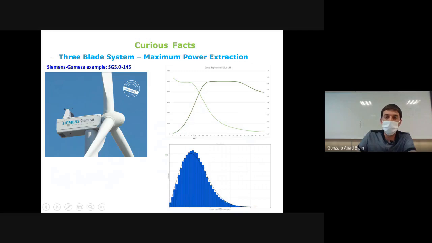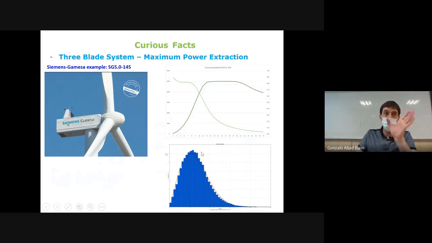So the most likely, if we correlate this statistical distribution and the power, we have this. So we are always saying we have a wind turbine of 5 megawatts. 5 megawatts is somewhere here. So the probability of occurrence is lower.